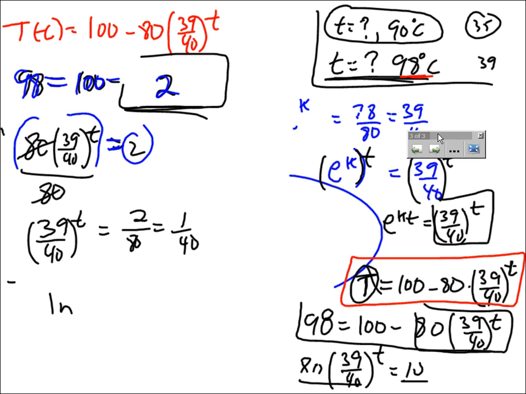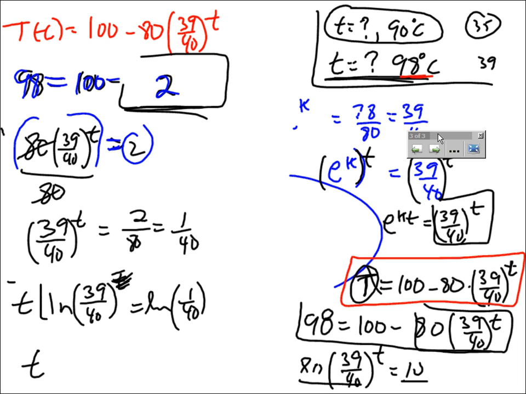And then, since the unknown that we want to solve for is in the exponent, I'm just going to take ln of both sides. And this t, like magic, comes out in front.